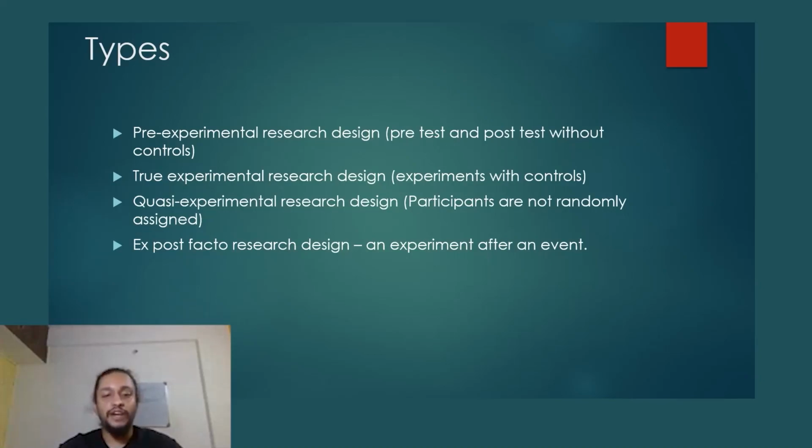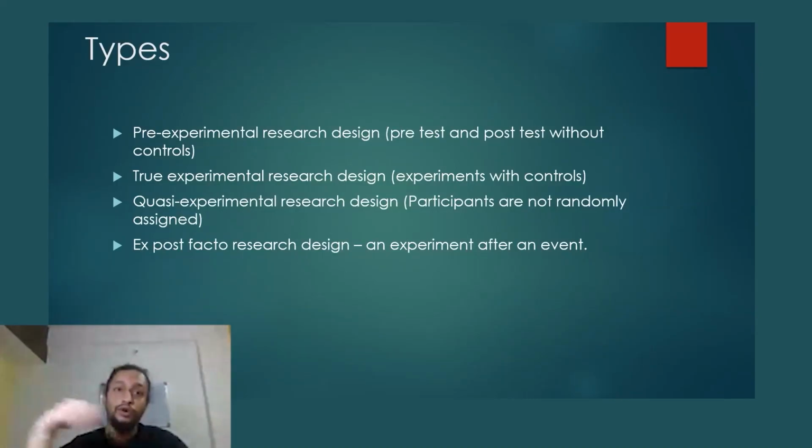And then you have an ex post facto research design where research is done after an event has happened. So the independent variable is the event. So say Corona, suppose tomorrow Corona is over, right? And you test people's emotional resilience day after tomorrow. So that will be like an ex post facto research design where you create an experiment to find out people's emotional resilience or whatever after the event, right?